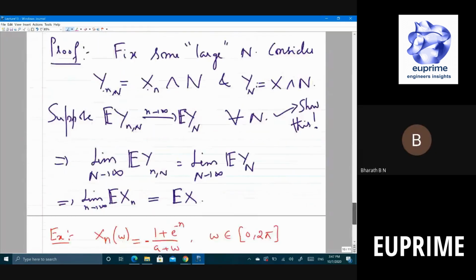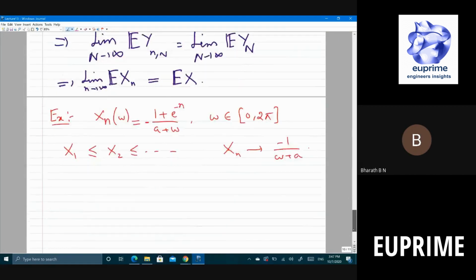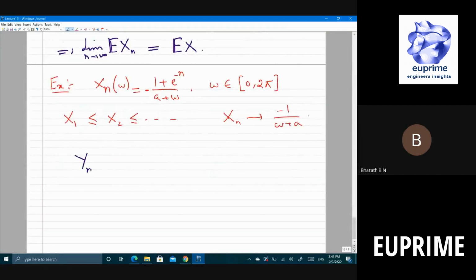Now let's look at this. Let's see what the difference is. Let's look at Yn,n minus Yn. Let's look at this difference and show that when you take the expected value it goes down to 0 as small n goes to infinity. Since expectation is linear, that proves this particular thing.